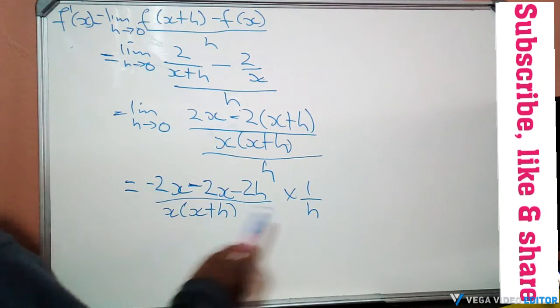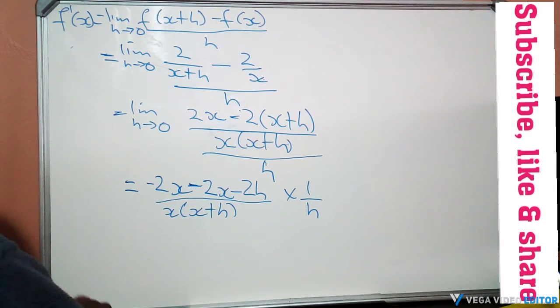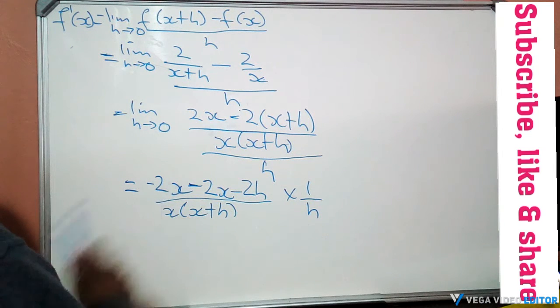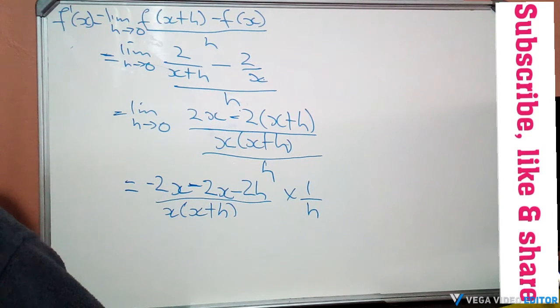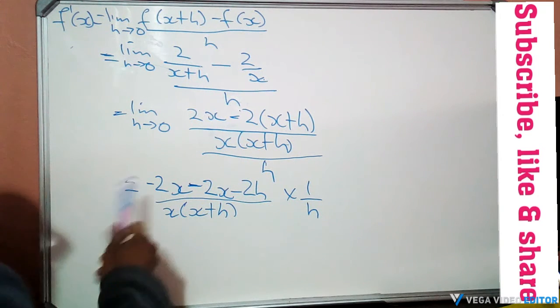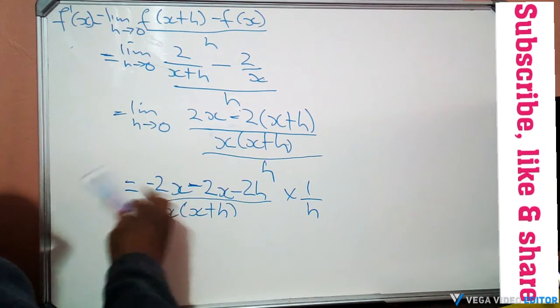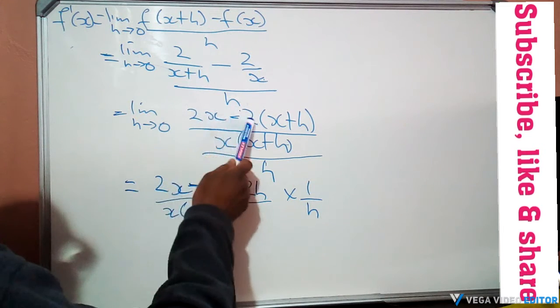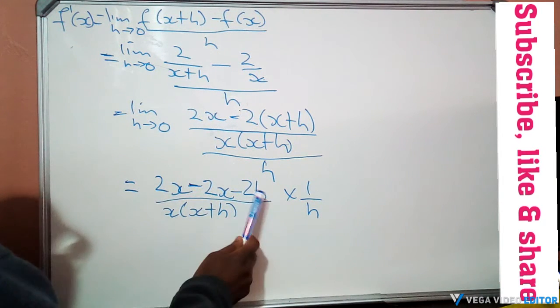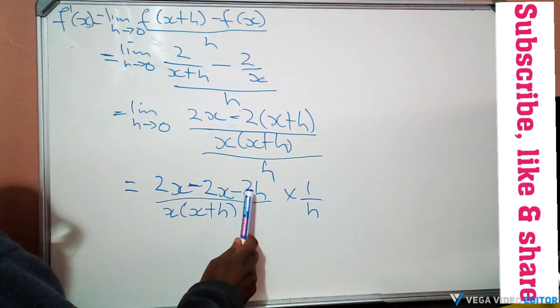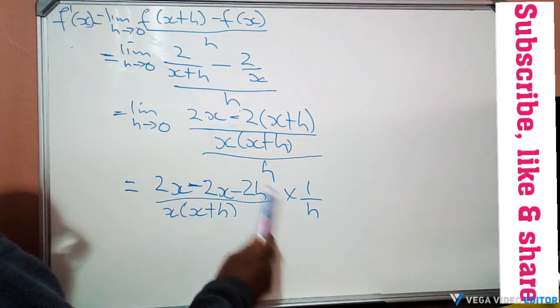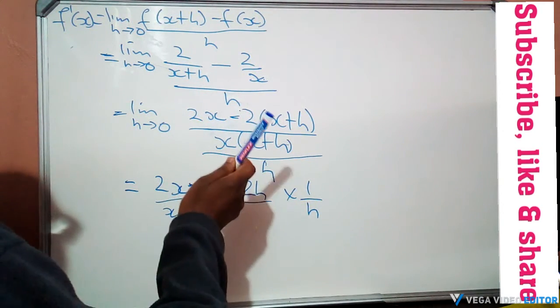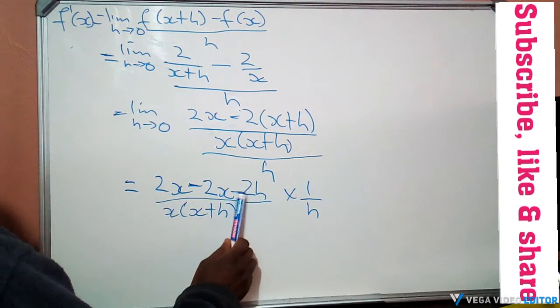That allows you to get rid of that h there. This 2x and that will cancel each other, and you have only negative 2h, and then h divided by h, so you only have negative 2.